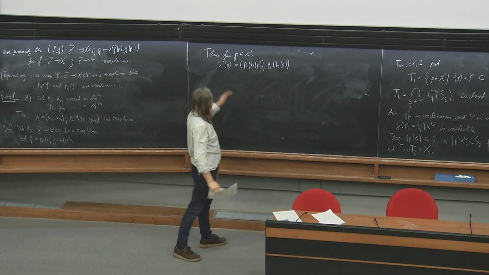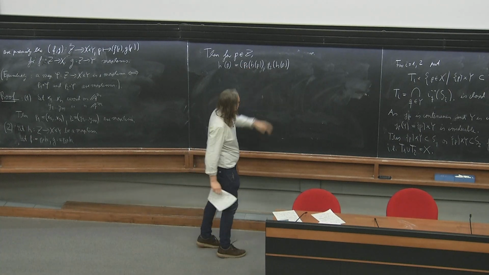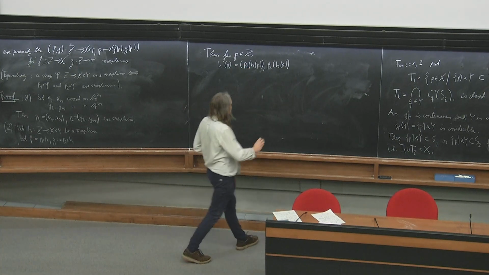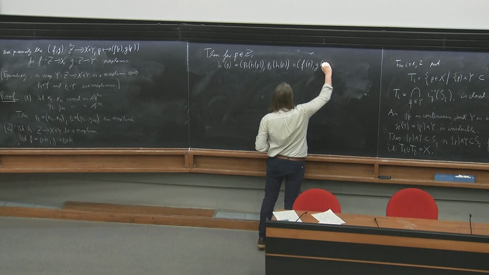It lies in X times Y, and its first component is the first projection, the second component is the second projection, so this is just (F(P), G(P)).